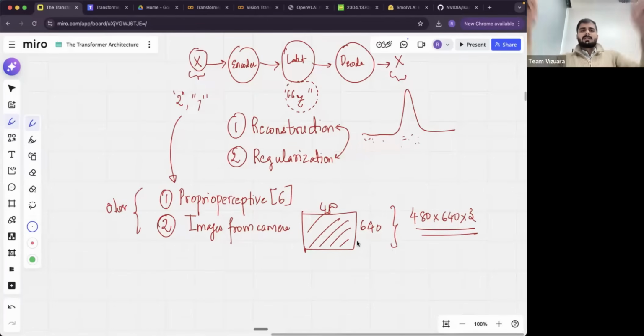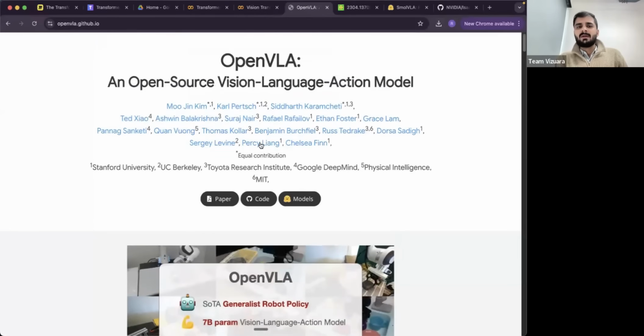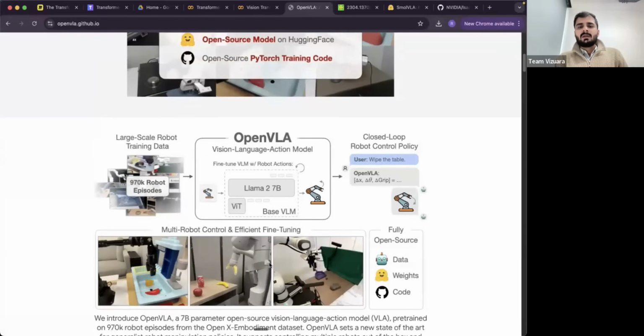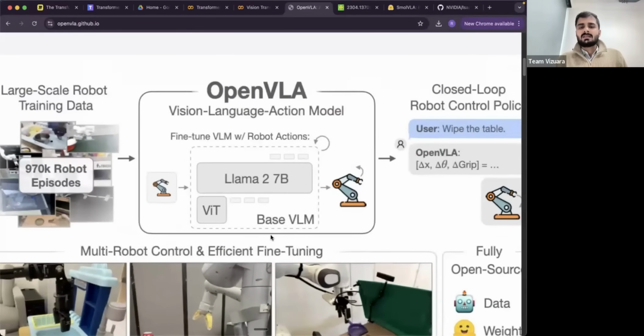Okay, now let's take a jump and look at some of the modern robotics architectures. Even if you don't completely understand them right now, it is totally fine. We will look at one architecture called OpenVLA, which is a vision language action model. Now, this model, at the heart of it, has a ViT, which is a vision transformer.